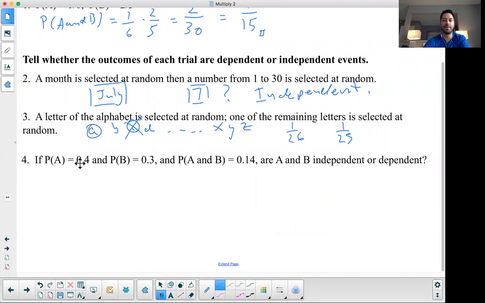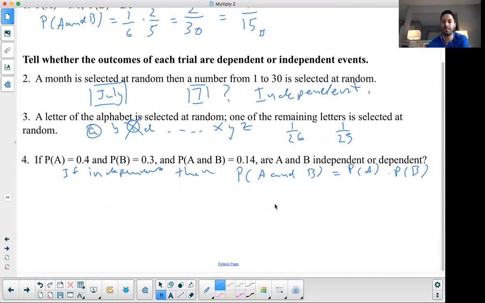Here we've got the probability of A is 0.4, probability of B is 0.3, and A and B is 0.14. Are A and B independent or dependent? Well, if they are independent, then the probability of A and B equals the probability of A times the probability of B. So let's just substitute some things in.